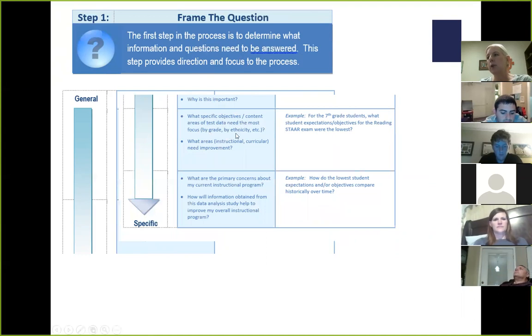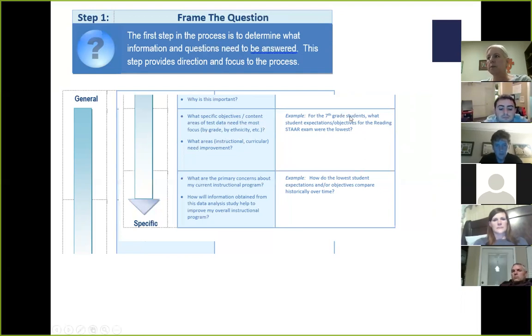So for example, when I was principal at MacArthur High School in Irving, we missed being exemplary, which was the highest rating you could get, by 3 Hispanic students in 11th grade writing. Broke our hearts, but that's how you know that you've really got data. And what areas, again, need improvement.